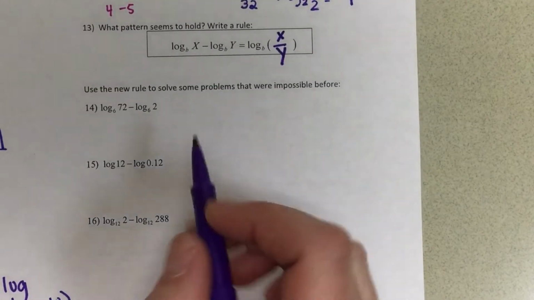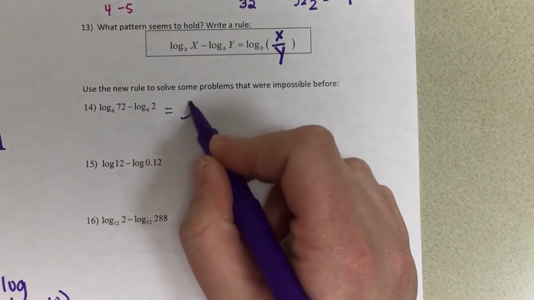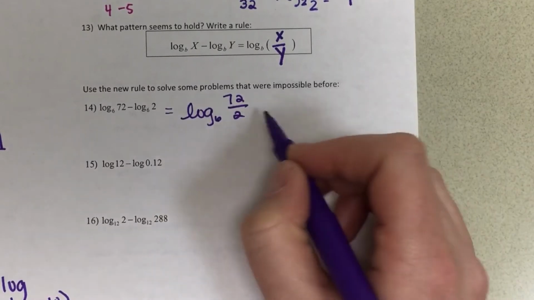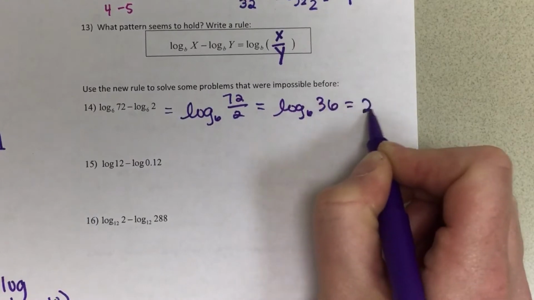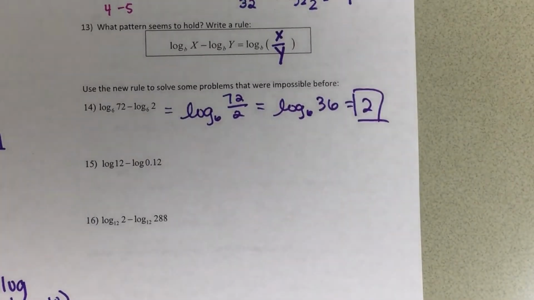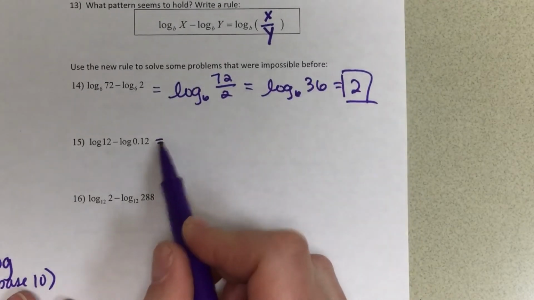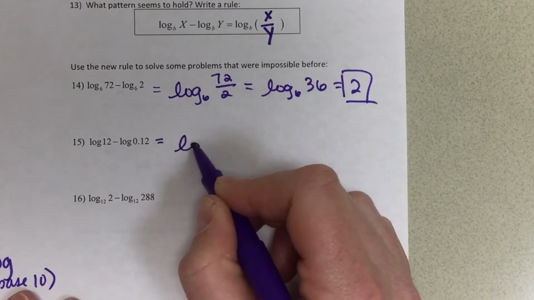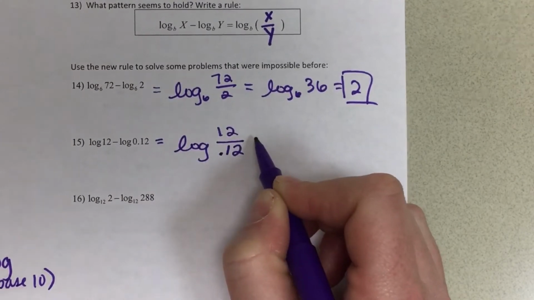So when you guys take a look at these, if you were going to evaluate these, log base 6 of 72 over 2 gives us log base 6 of 36, which is going to give us 2. Now, again, we have the common log, so we end up with log of 12 over 0.12.